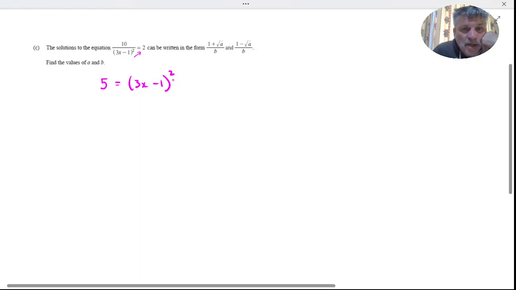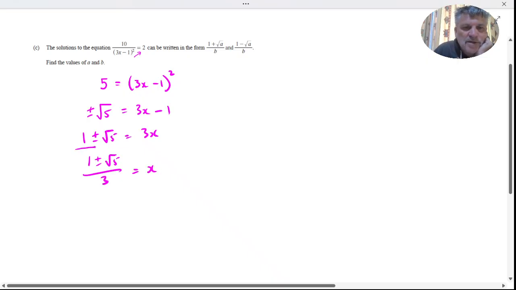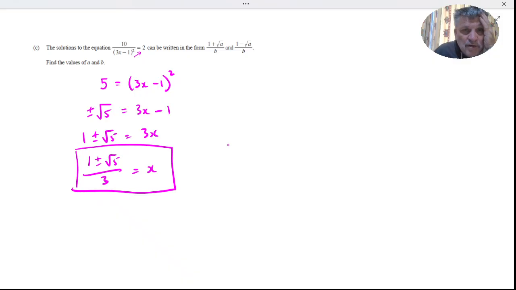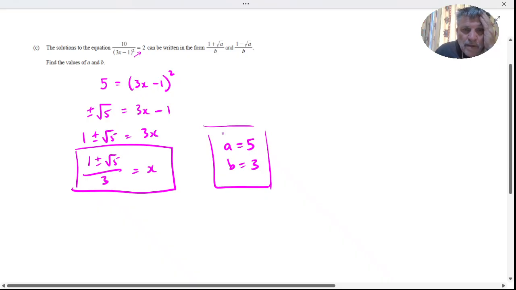We can solve that by taking the square root, so we get plus or minus the square root of 5 is equal to 3x minus 1. We can add the 1, so we get 1 plus or minus root 5 is equal to 3x, and we can divide by the 3. 1 plus or minus root 5 over 3 is equal to x. That's not quite our solution. It says find the values of a and b, so a is equal to 5 and b is equal to 3. So this is really our solution here.